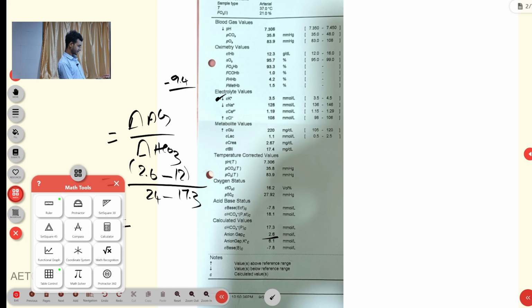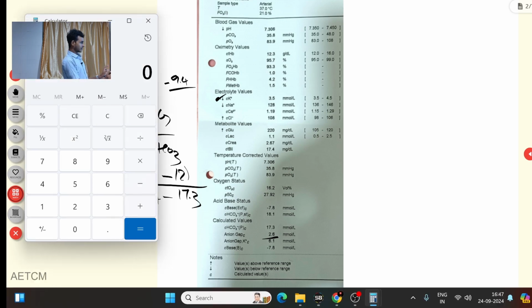Then 24 minus 17.3 is 6.7. So we calculate minus 9.4 divided by 6.7.